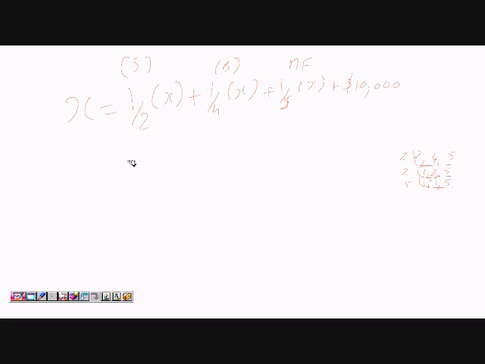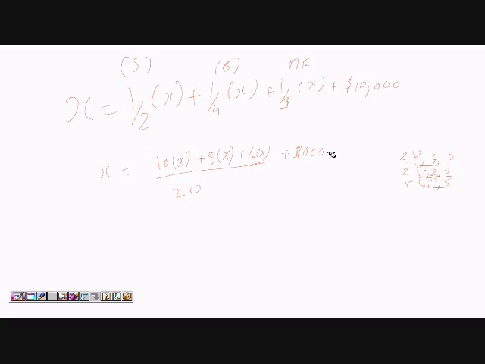So X is equal to 20. Now 2 goes into 20 10 times, so 10x, plus 4 into 20 is 5, so that's 5x, plus 5 into 20 is 4, so that's 4x, plus this $10,000.